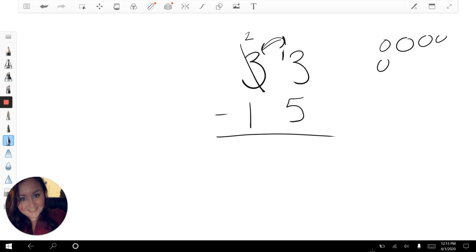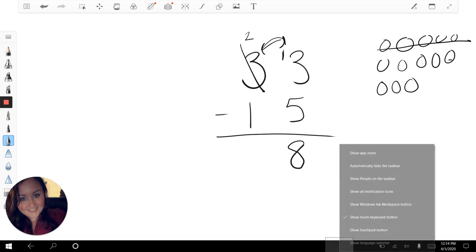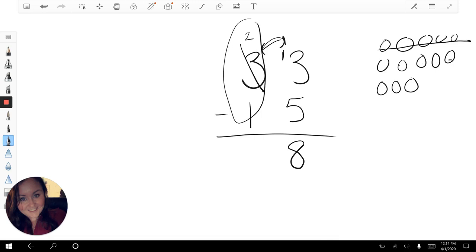So now I can do 13 minus 5. Much easier to write out. So if I subtract 5, I have 8. Now 2 minus 1, we're over on this side now, 2 minus 1 is 1. So 33 minus 15 is 18.